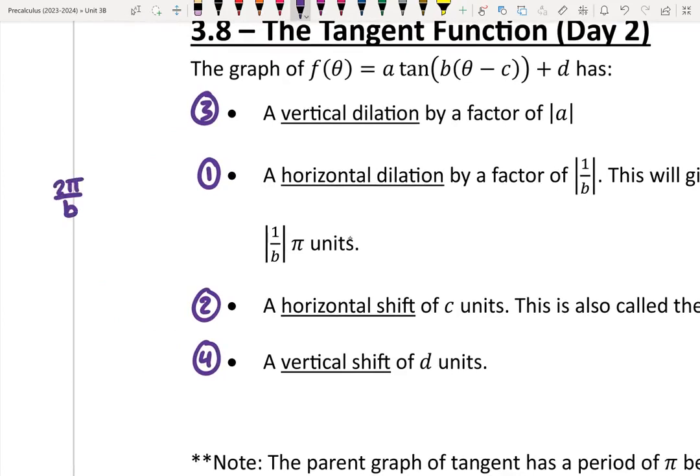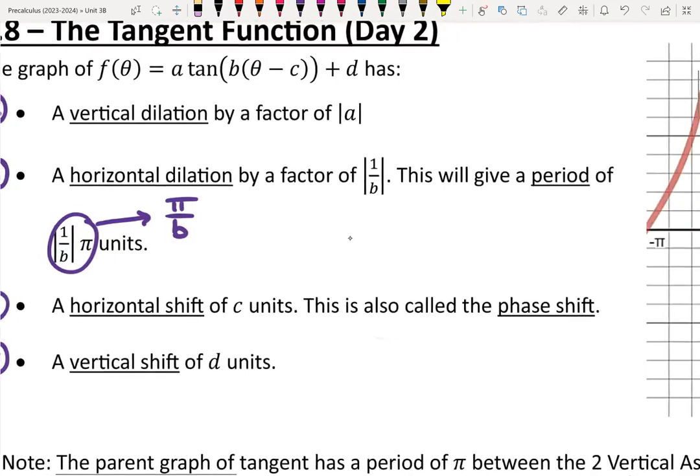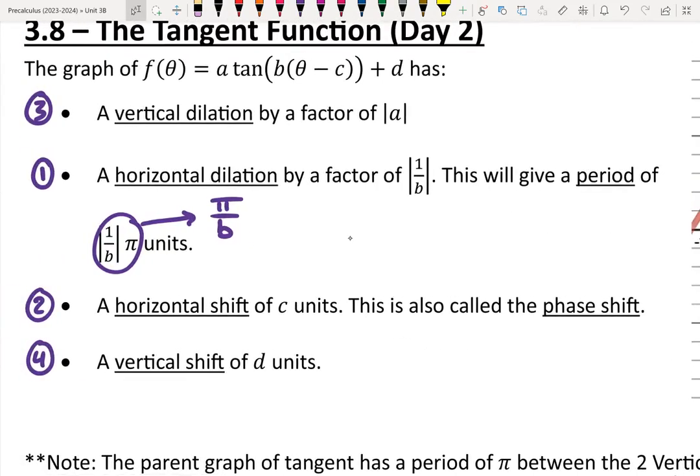Well, this time, since our period for tangent is pi, instead we just have pi over b for tangent. So a little bit different based on the period that we have. Now, at this point with our horizontal dilation, we are also going to find where our vertical asymptotes are. So let's go ahead and write that down.